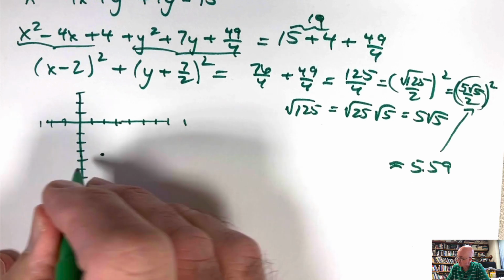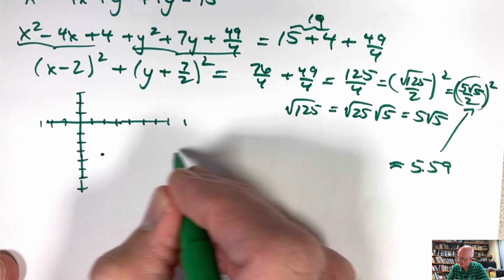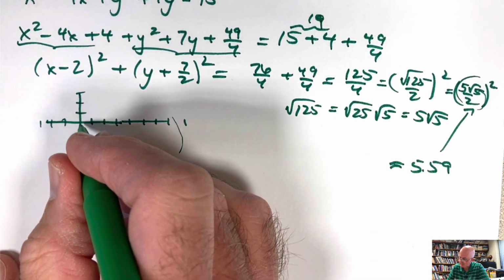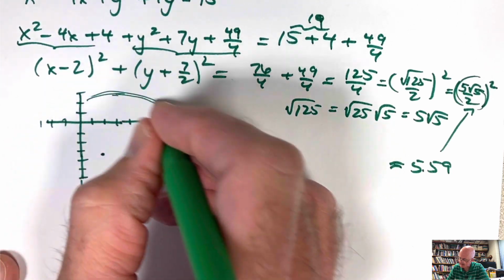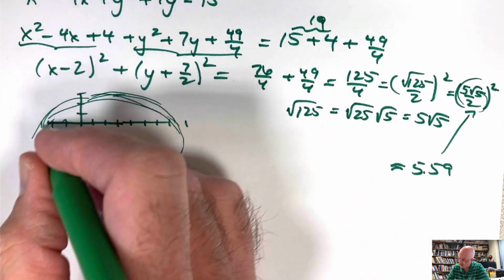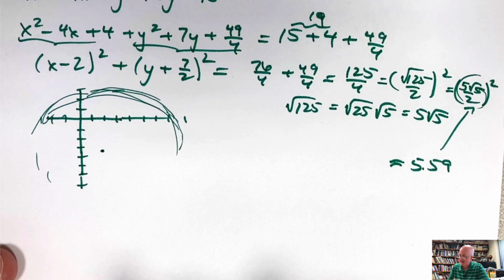A radius of about 5.59, 2, 3, 4, 5, somewhere about like this. 1, 2, 3, 4, 5, something about like this is the graph. I'm not drawing it very nicely because I'm trying to save time and go quickly, and I ran out of space. All right, so that's basically what the circle looks like.